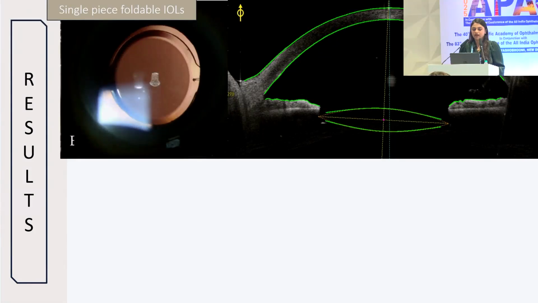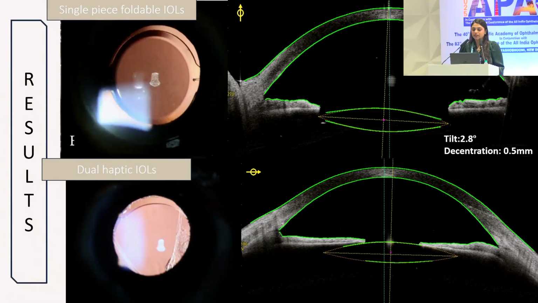As we can see, this is the anterior segment image of the single piece IOL, which shows a tilt and decentration. So basically a tilt of less than 5 degrees and a decentration of less than 0.5 millimeter is considered acceptable. In dual loop haptic IOLs, as we are doing an 8-point fixation, this is considered to be a lot more stable as compared to the 4-point fixation.